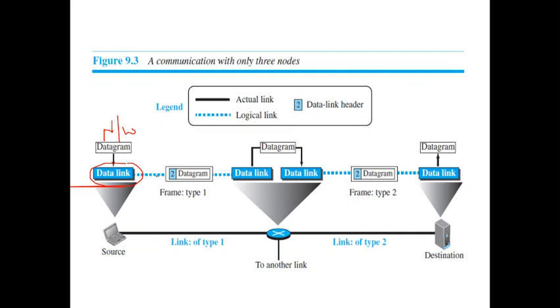Since it is a logical connection, we represent it in dotted lines, the logical link, and the actual path, that is the communication medium, is depicted in the dark line. We have represented it in dotted lines because it is a logical connection. So we don't have a direct link between the data link layer of one node and the data link layer of the other node.